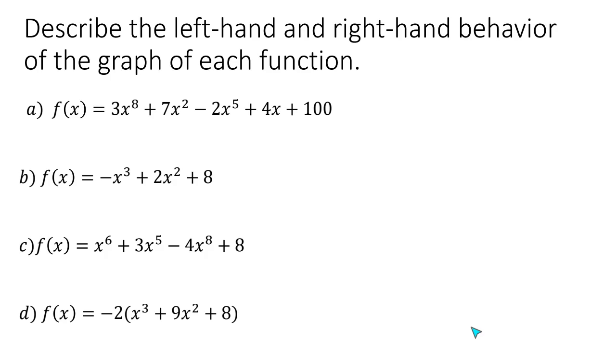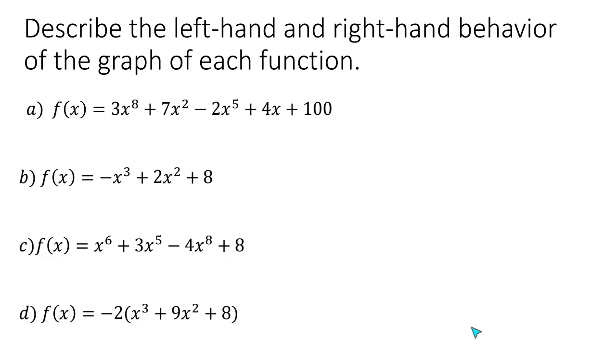Describe the left-hand and right-hand behavior of the graph of each of these functions. Let's look at the first one, A. f of x is equal to 3x to the 8th plus 7x squared minus 2x to the 5th plus 4x plus 100. You're going to encounter this: sometimes they're going to try to trick you.